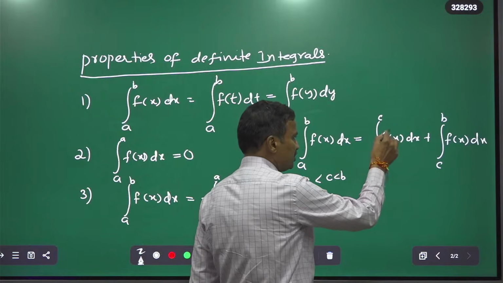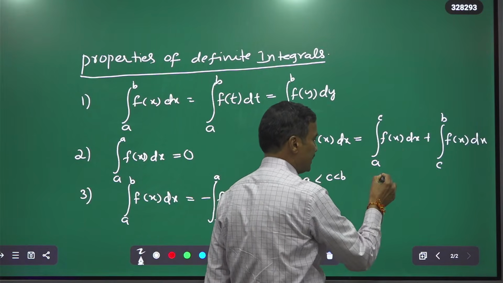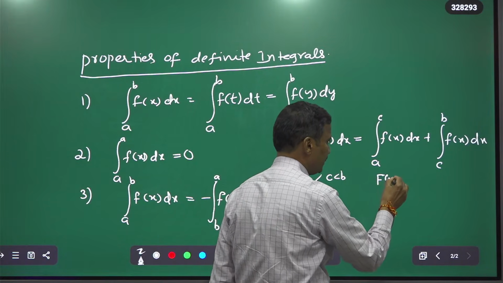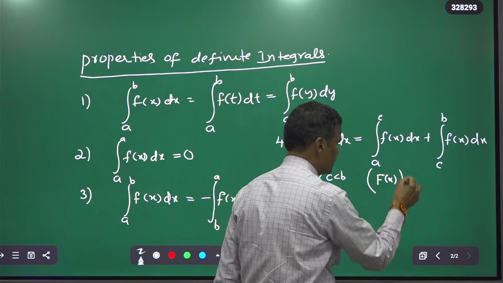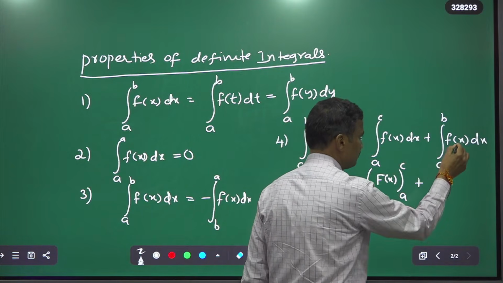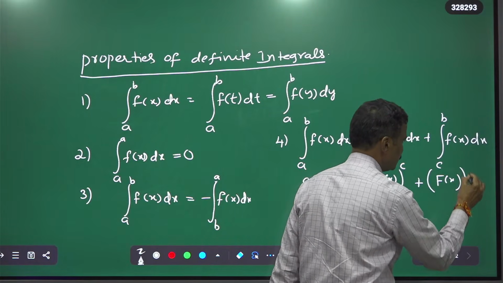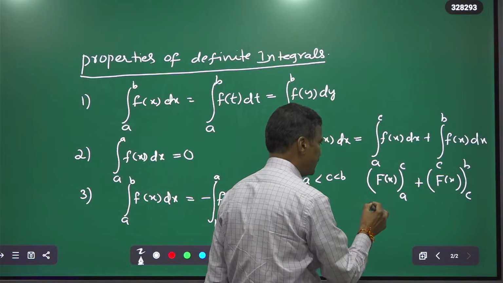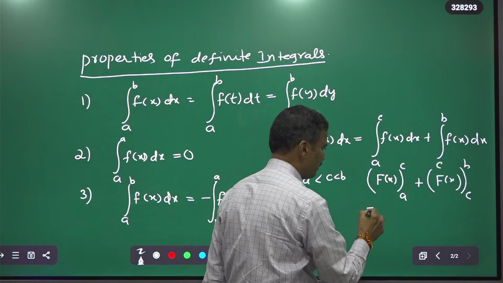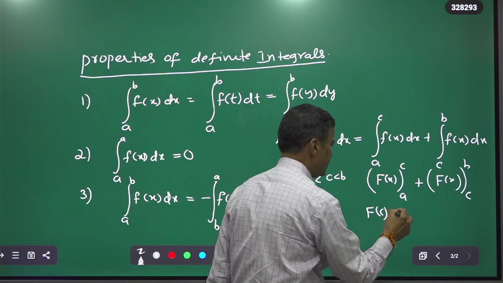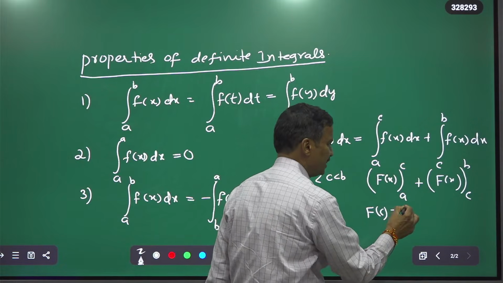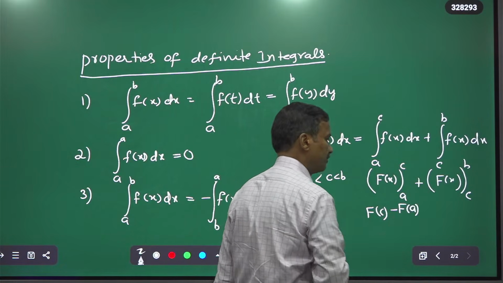Now suppose the integration of this function f of x is capital F of x. Then with limits a to c, plus the integration of this function, capital F of x, with limits c to b. Substituting the upper limit, we get F of c, minus, substituting the lower limit, F of a.